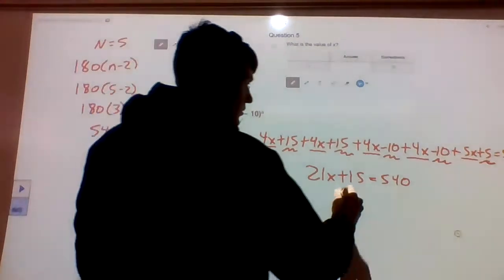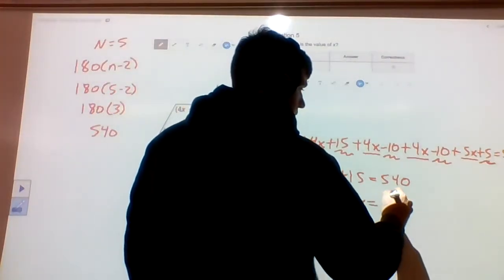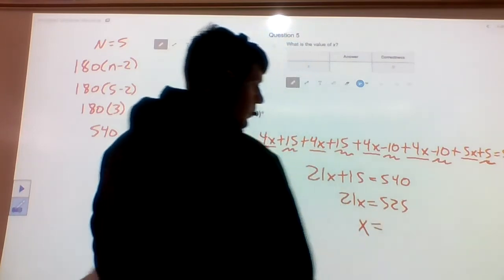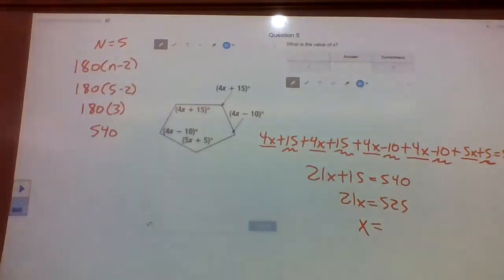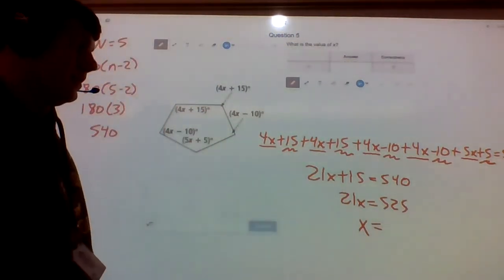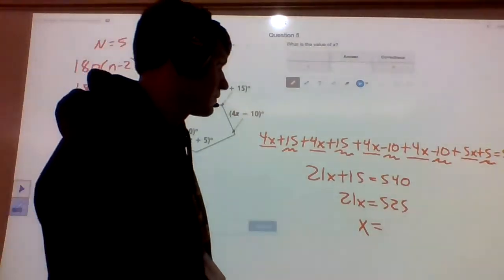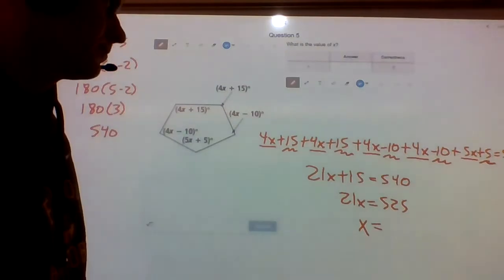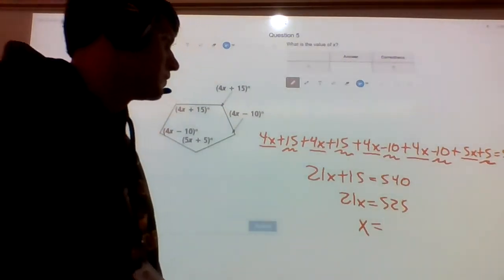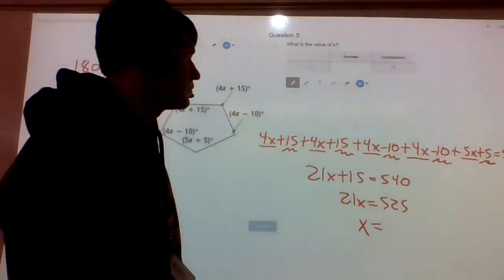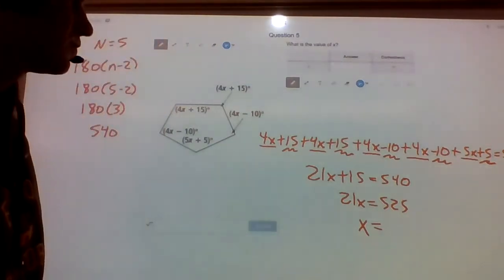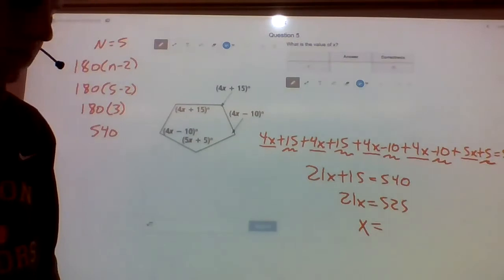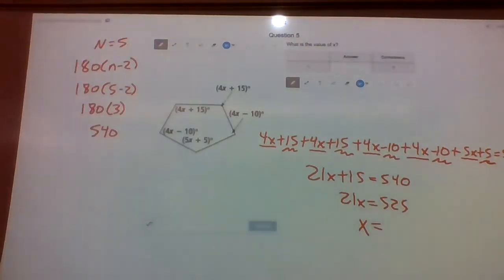Subtract 15 from both sides: 525. Then divide by 21 on both sides. 21 times 20 would be 420. Maybe we should use the calculator.